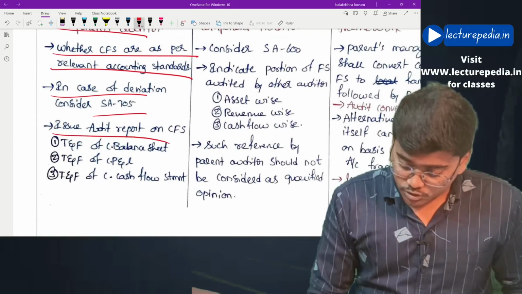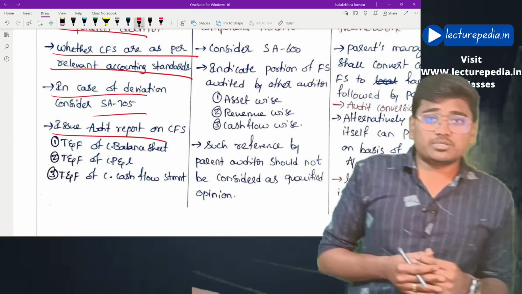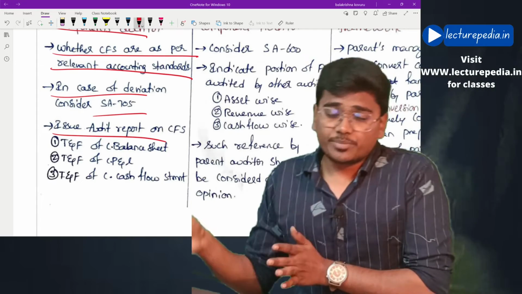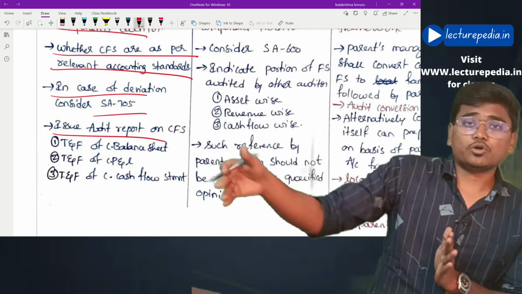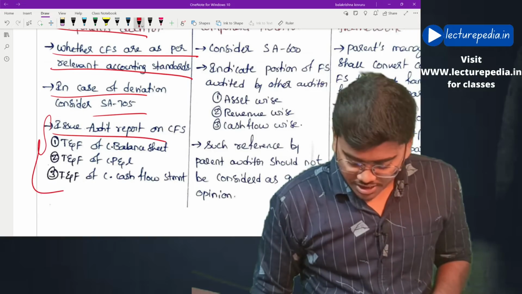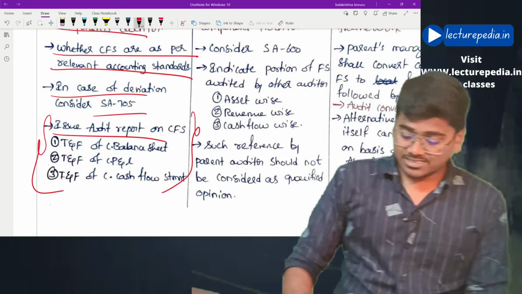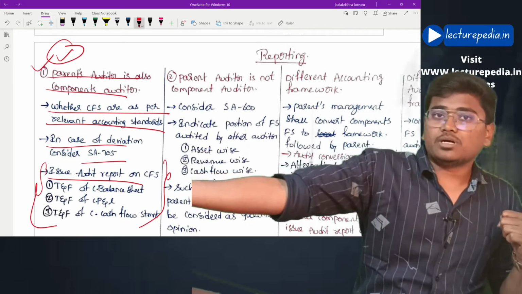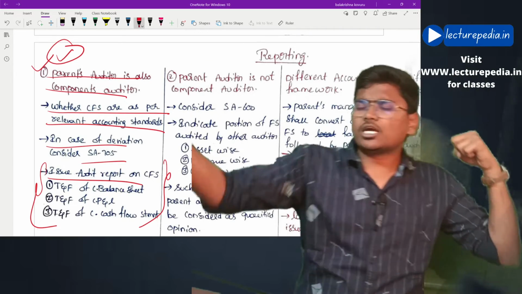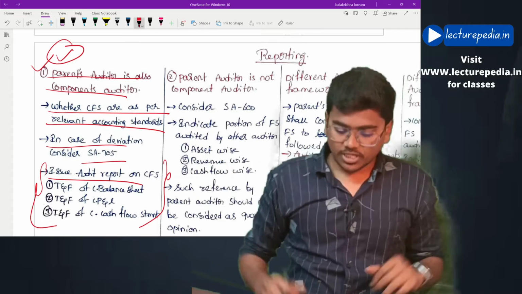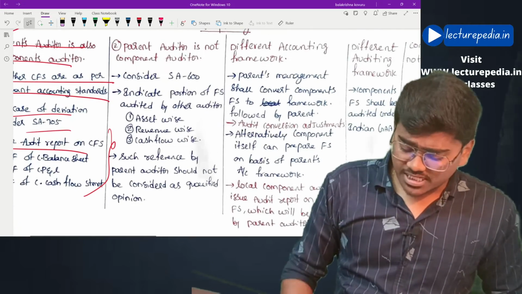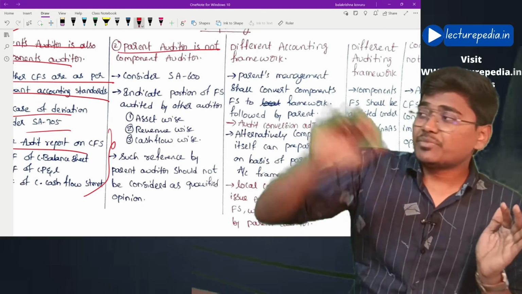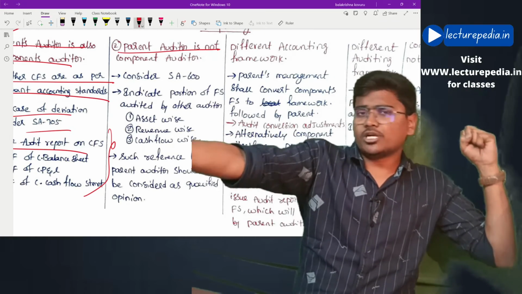Next, he has to issue an audit report on the consolidated financial statements, whether the consolidated balance sheet is showing a true and fair view, consolidated P&L showing a true and fair view, consolidated cash flow showing a true and fair view. This audit report is to be issued by the auditor. This is the reporting requirement in case the parent auditor and the component auditor are the same. Next, reporting by the auditor if the parent auditor is not the same as the component auditor, that is, parent auditor and component auditor are different.